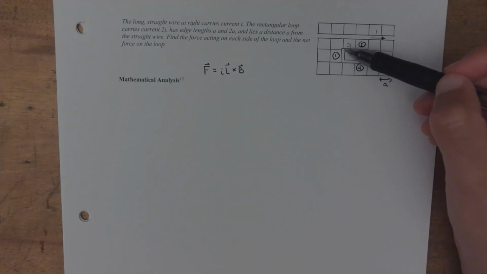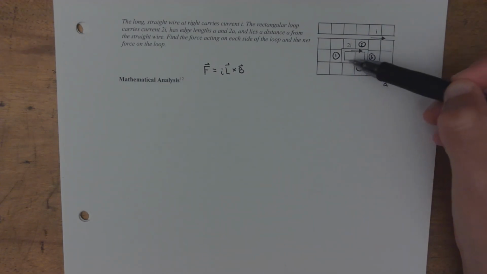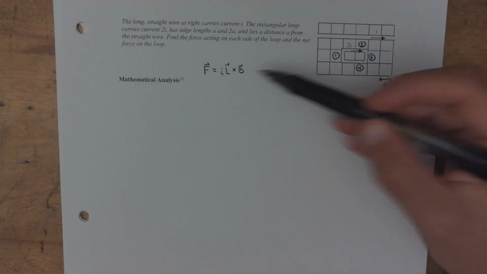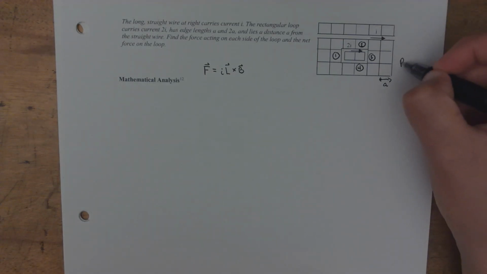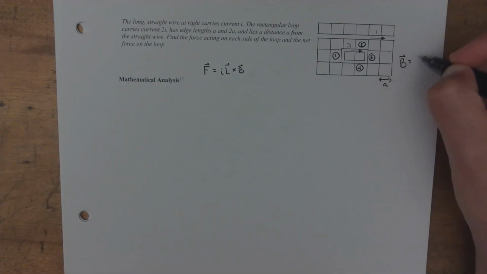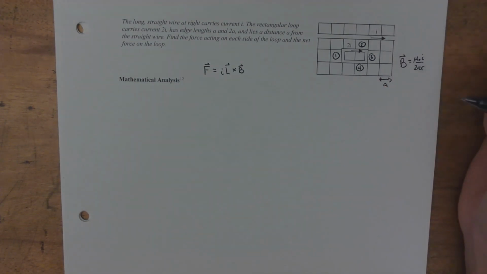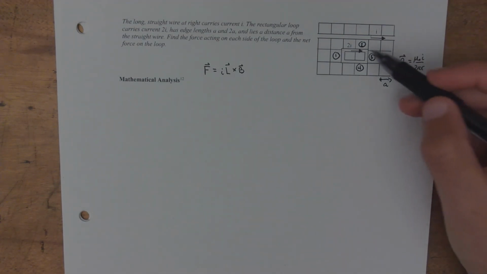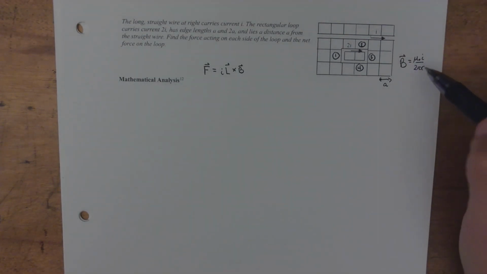But for 2 and 4, as you go along the length of each side, B is not changing because B, in this case, is coming from this wire here. And so if you're staying the same distance away, it's not changing.